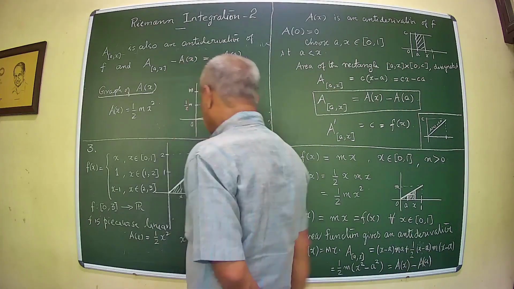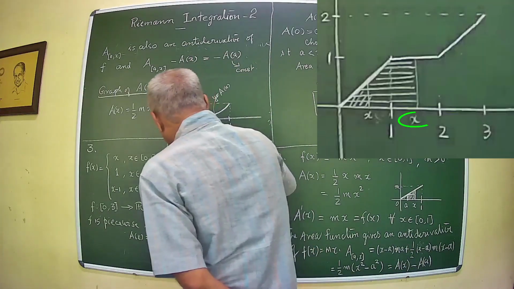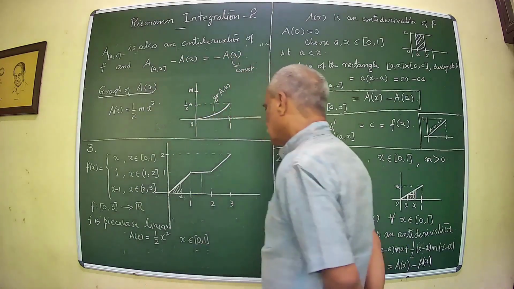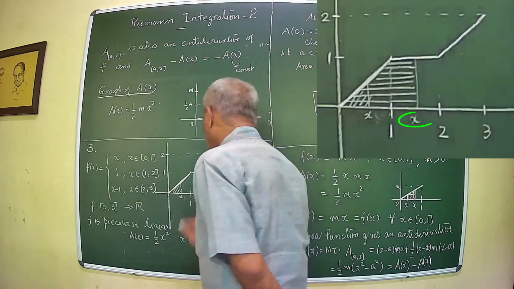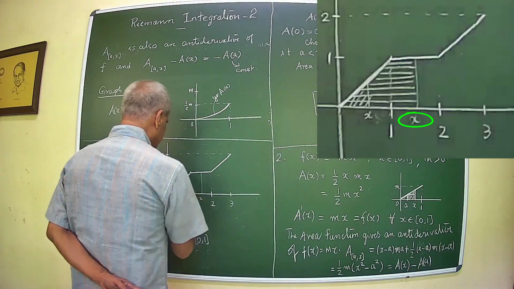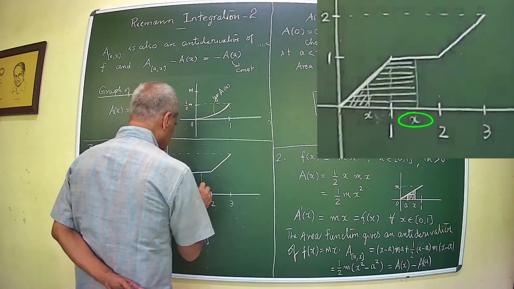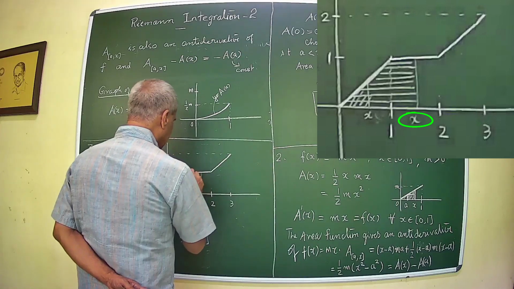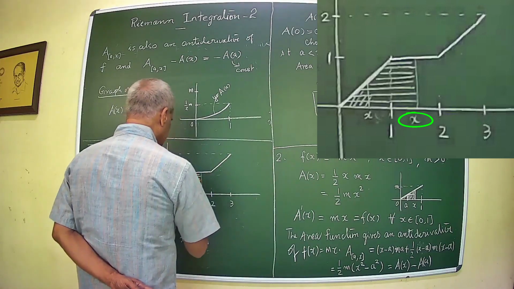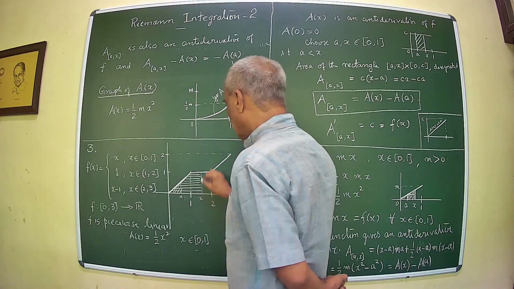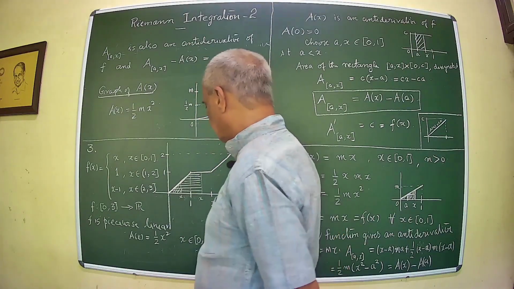Now you take up the case when x lies between 1 and 2. Suppose x is here. Then what is the area that you have to compute? You have to compute this whole area, which is actually the area of this triangle and of this rectangle.